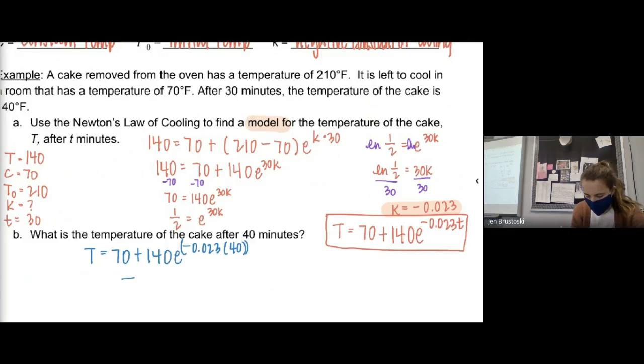When you get your answer, go ahead and round to the nearest degree, so whole number.